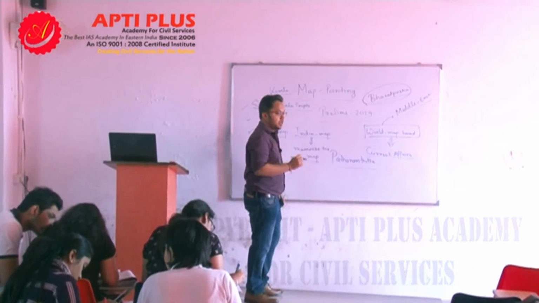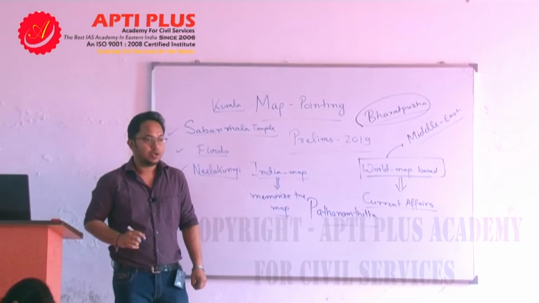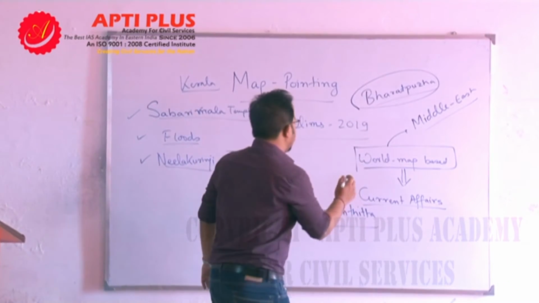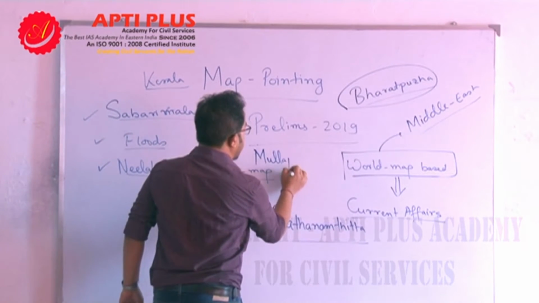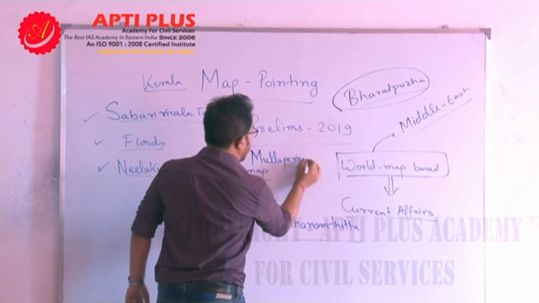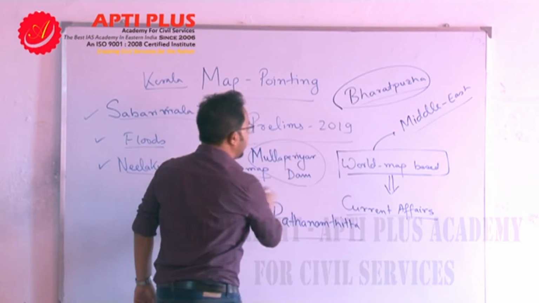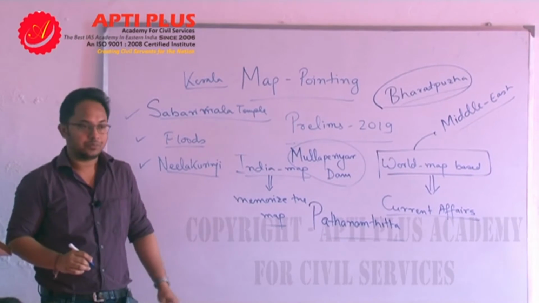Okay. Here we get to see that during the floods which had occurred in Kerala, one of the reasons given behind the flood was the Mullaperiyar Dam. Now this Mullaperiyar Dam is located in the Idukki district of Kerala.